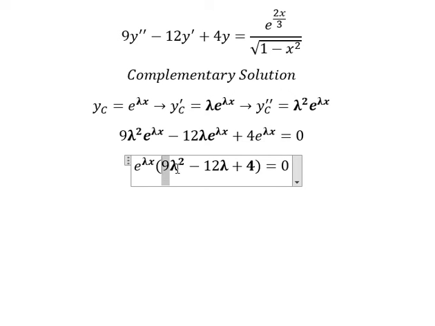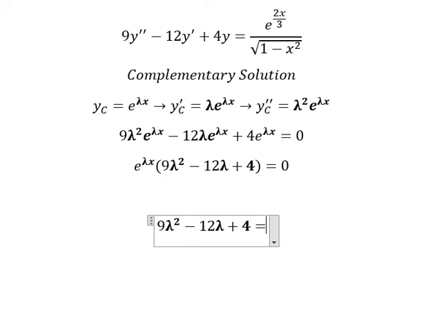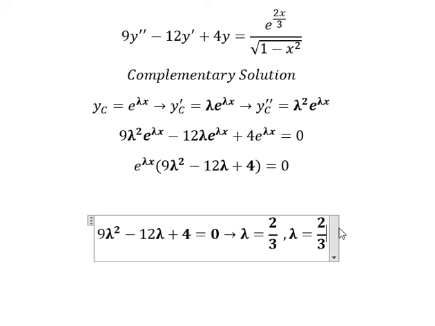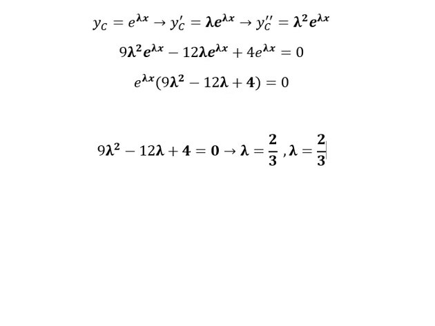And now we need to find the solutions of this one. So we have two solutions, but they are the same. That is 2/3. And now we can find yc in here.